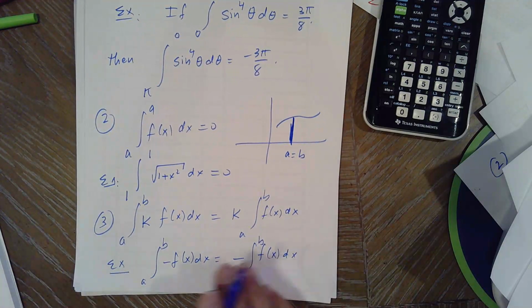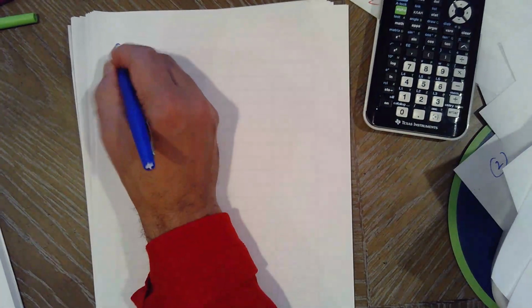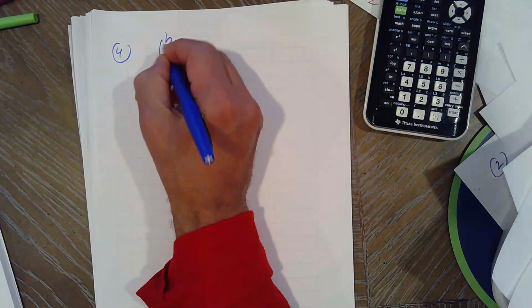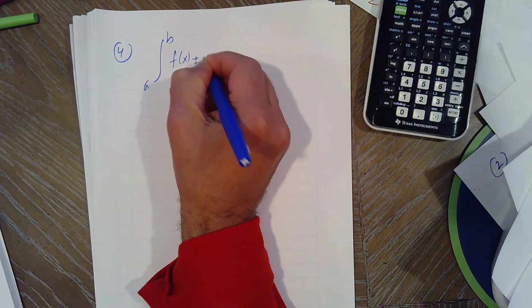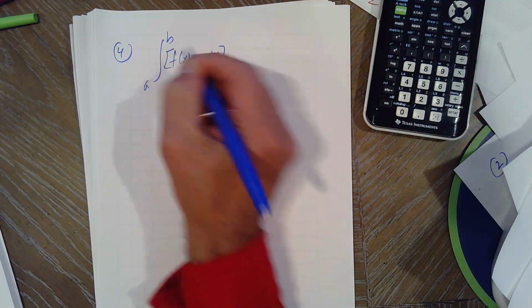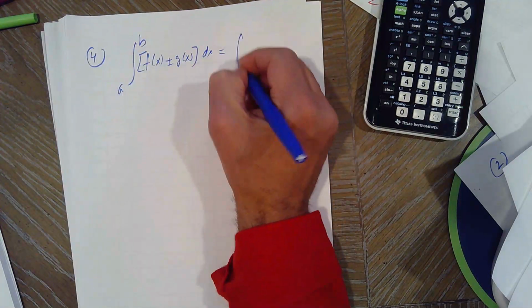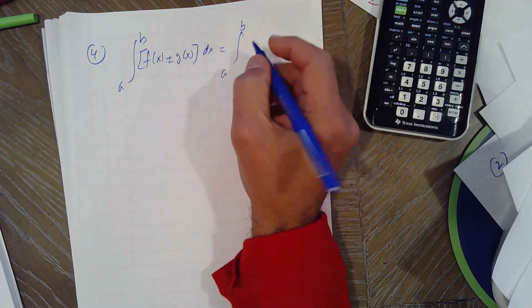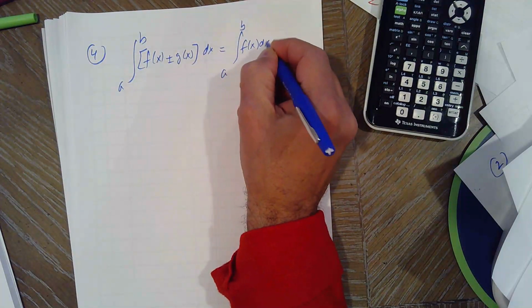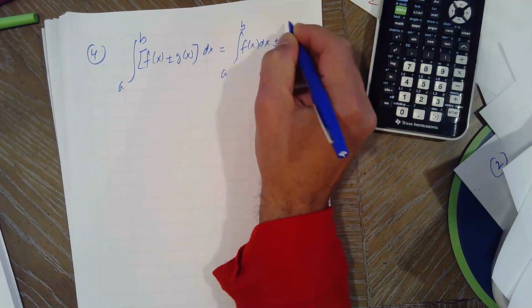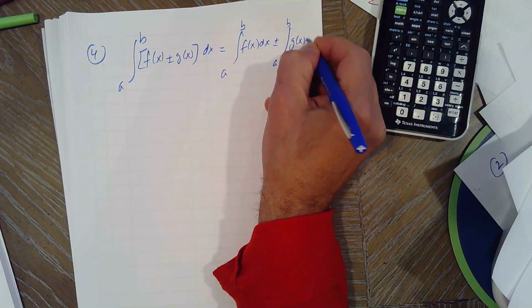Any constant you can pull out. Just like Riemann sums, the integral of f of x plus or minus g of x can be split up, because it's limits of Riemann sums, so it might as well. a to b of g of x dx.